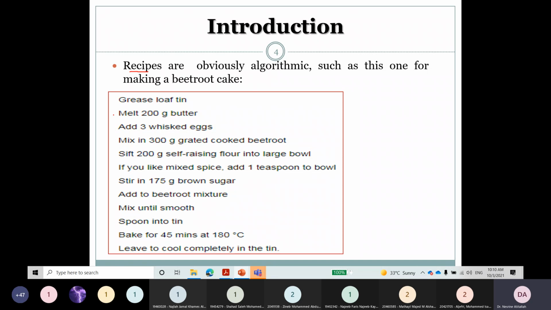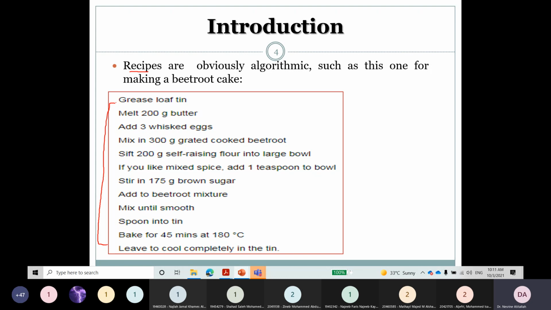So you grease, for example, a loaf tin, melt 200 grams of butter, add 3 whisked eggs, etc. All these steps are called an algorithm. It is the algorithm to make a beetroot cake.